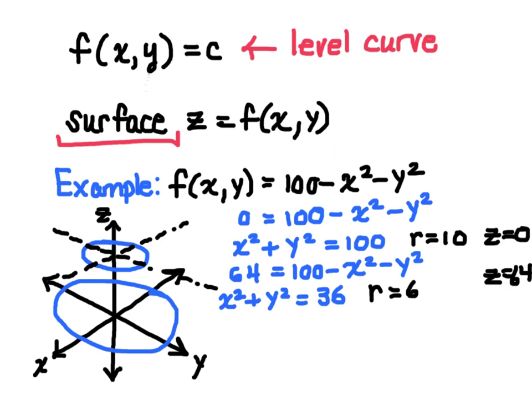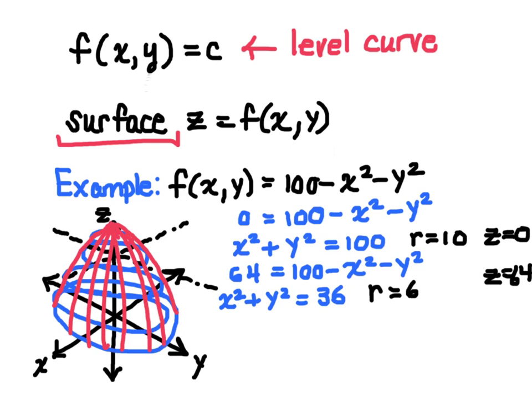And each time that we change the height of z, as we move up, we get a smaller circle with a smaller radius. And as we move down, we get a circle with a larger radius. And what we end up with is a three-dimensional sort of surface that looks like this. Or I should say this is a three-dimensional region in space.